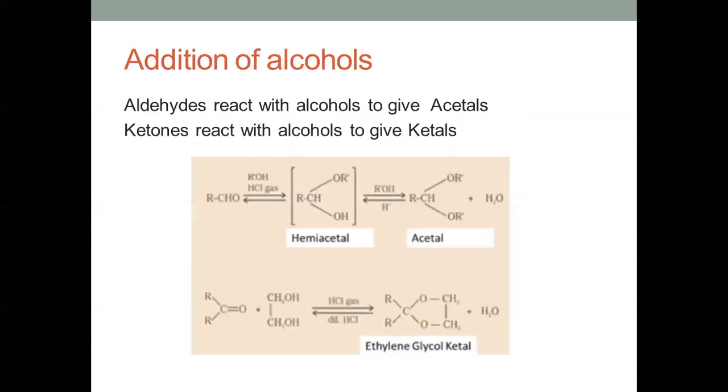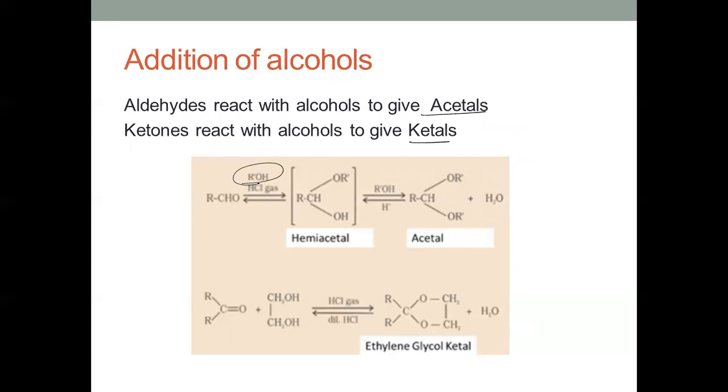Then, when we carry out nucleophilic addition reactions of alcohols with aldehydes and ketones, they give acetals with aldehydes and ketals with ketones. Let us see the reaction now. When an aldehyde reacts with a monohydric alcohol, so what is a monohydric alcohol? An alcohol having only one OH group.